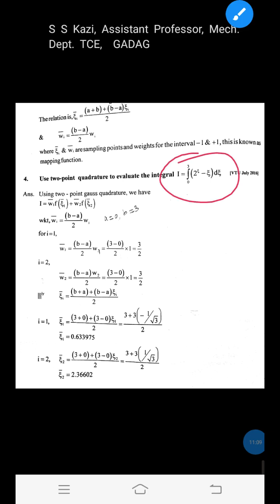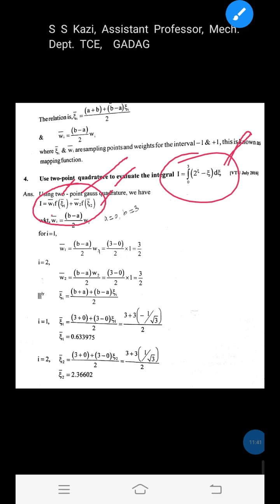Now this integral using the Gauss integration method can be approximated to w1 bar into f of zeta 1 bar plus w2 bar into f of zeta 2 bar, because we are evaluating this integral using the 2-point Gauss method. If you want to evaluate this particular integral using the 1-point method, then this integral can be equal to w1 bar into f of zeta 1 bar only.